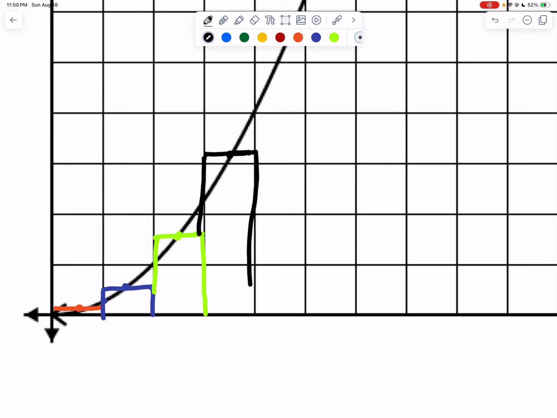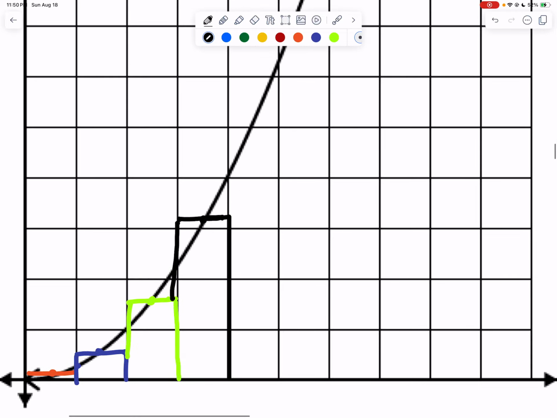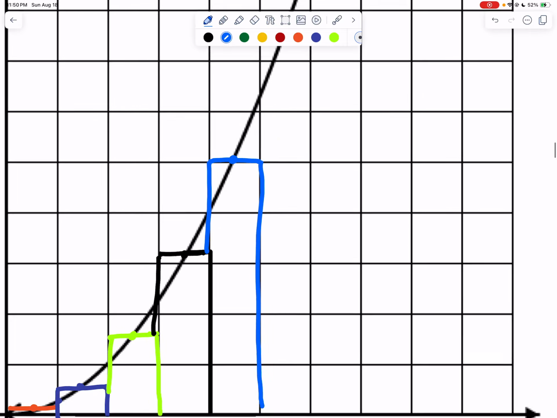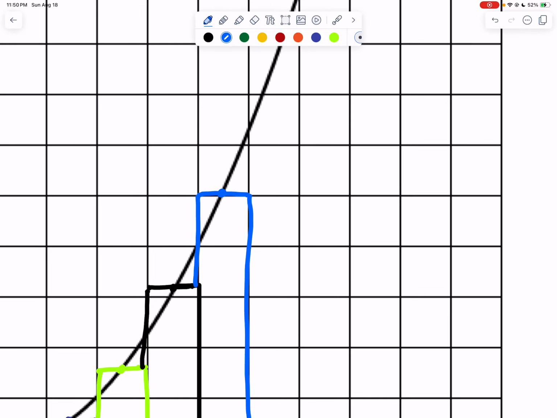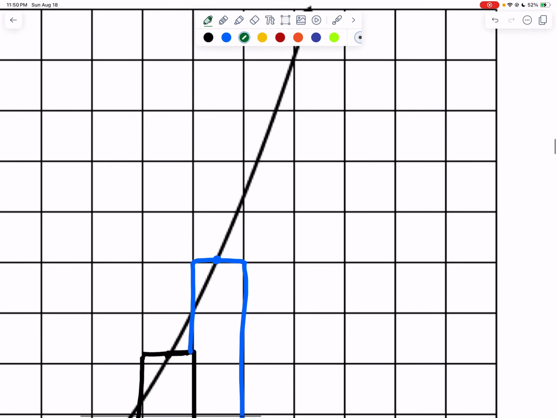Once again, notice how I'm doing the middle of my x values. One, two, three, four, 5, and then my 6 rectangle. Probably something like this.